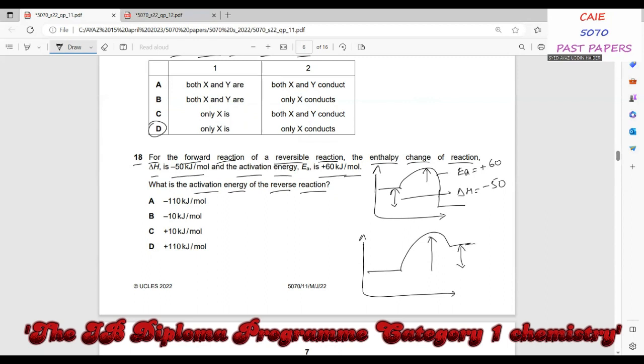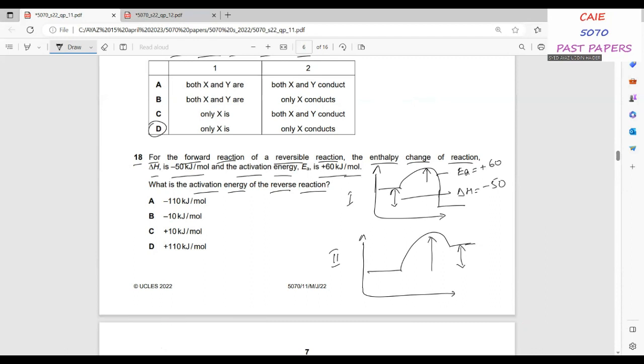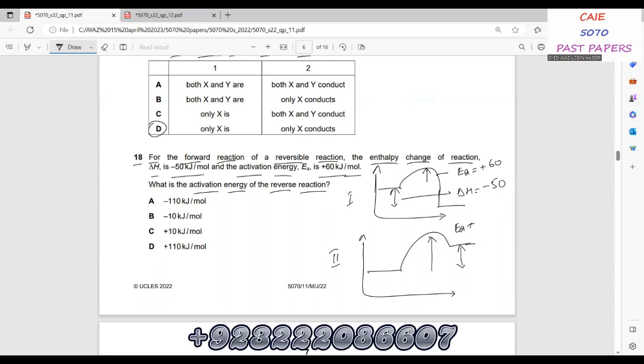You see, in the second diagram, we'll get the activation energy by adding the EA and delta H. EA plus delta H. EA is given, it's 60. And as it is an endothermic reaction, delta H will be plus 50. So we'll add 60 and 50. So we'll get 110 kilojoule per mole. So D will be the right answer for this question.